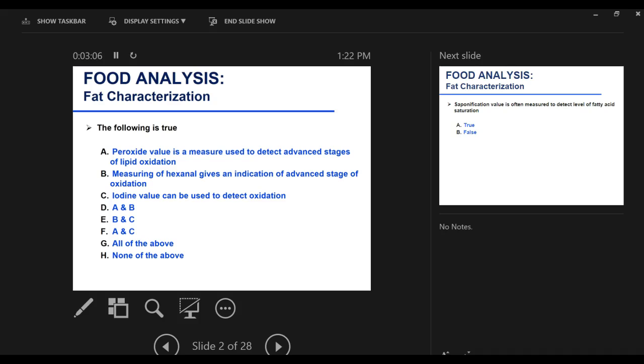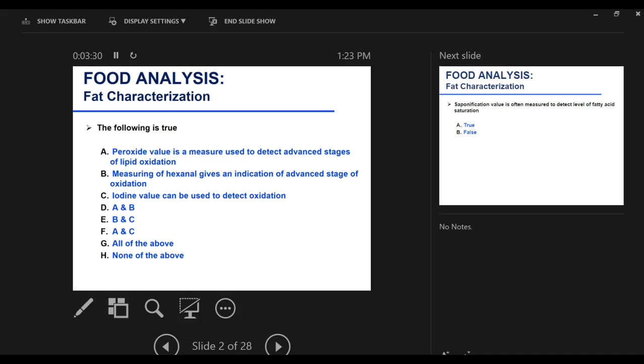If the oil is oxidized, your iodine value will be less than a fresh oil. So iodine value can be used to detect oxidation. It can be an indication of oxidation if we know the initial iodine value. So in this, B and C are correct.